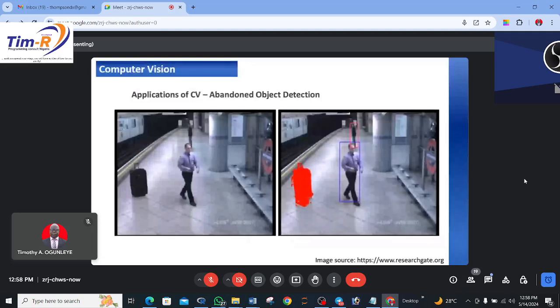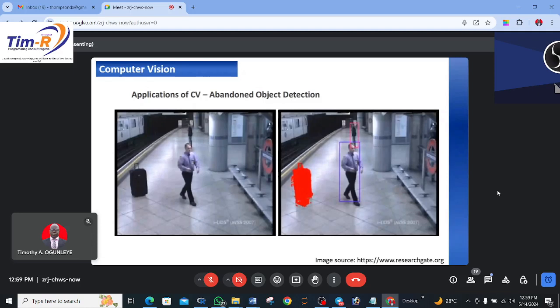So as you come down from the train or you're in the airport or anywhere, and the computer vision system has seen that you are the one holding that bag, anytime you move far away from the bag, it's going to trigger a notification to the people in the control room, okay, this person has moved away from his bag, or it can be used to identify if someone wants to plant a bomb. So a lot of use cases like that.